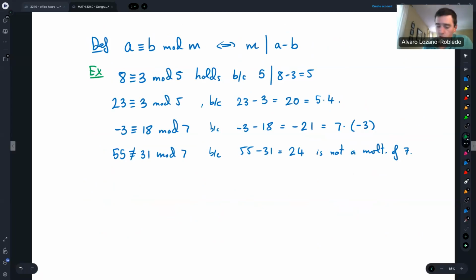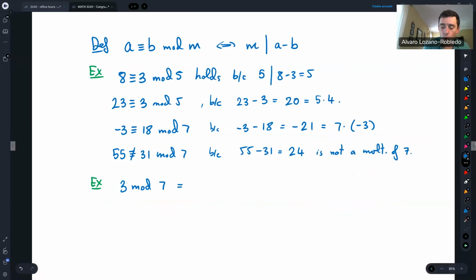Let's think also about the second part of that definition, which was a congruence class. So let's think, what is the congruence class of 3 mod 7? Let me write it like this, 3 mod 7. Remember that it's really a set of numbers.